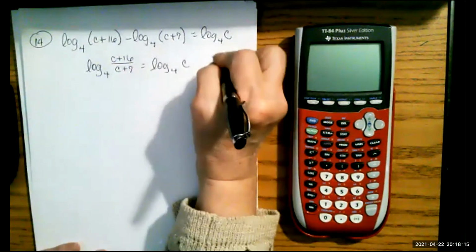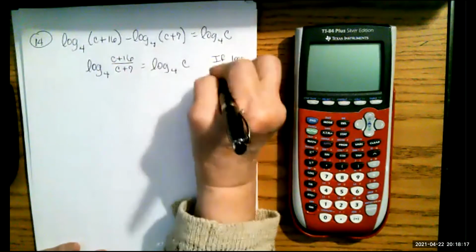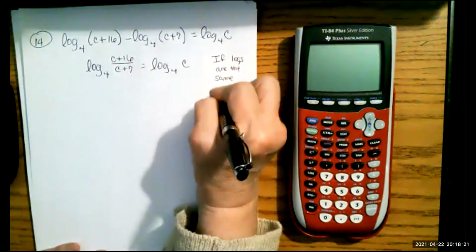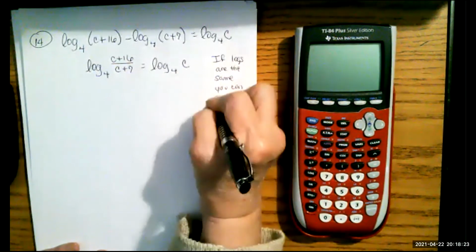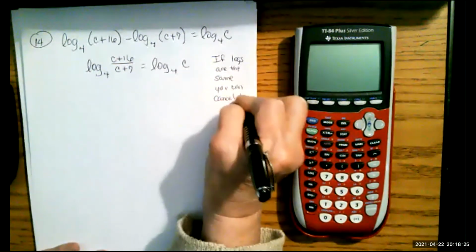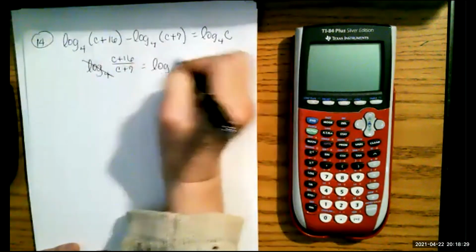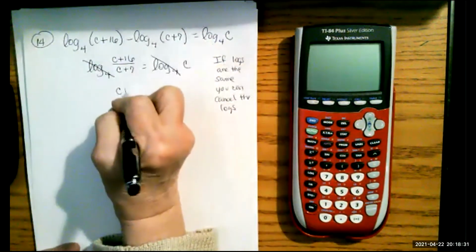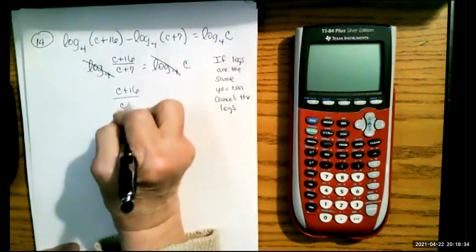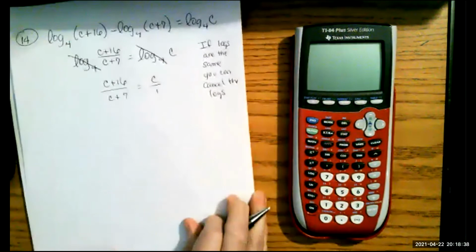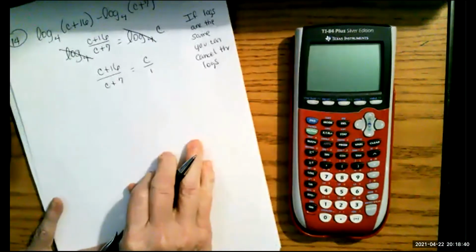And if the logs are the same, you can cancel the logs. See, these are the same on both sides. You can cancel it out, and you'll just have c plus 16 over c plus 7 equals c, and you can put c over 1 if you want to.